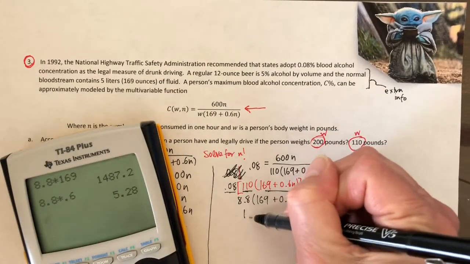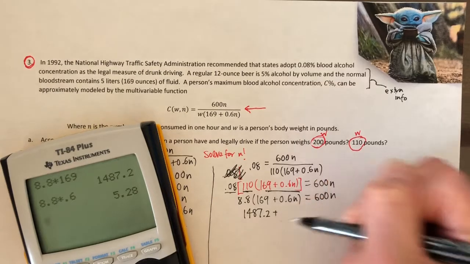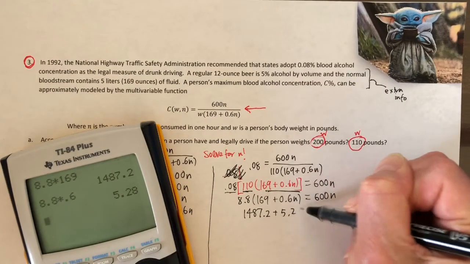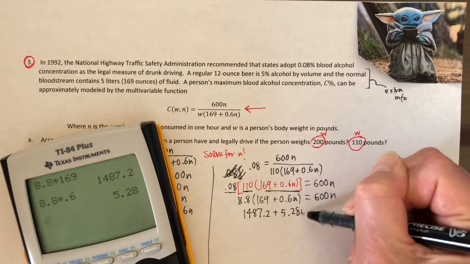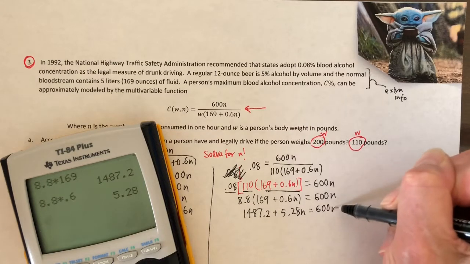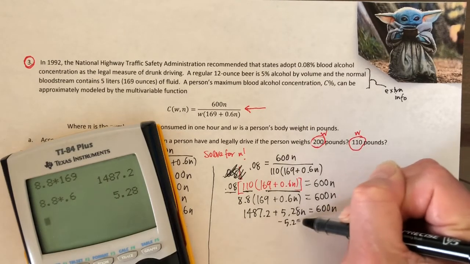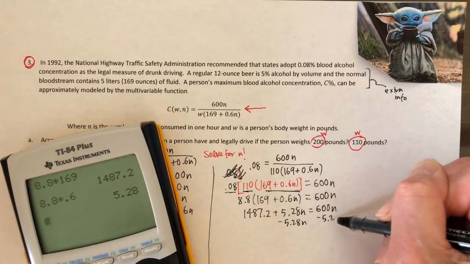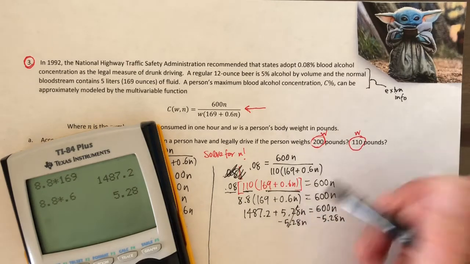So I get 1487.2 plus 5.28 N equals 600 N. Subtract this so that we can collect all the terms with N's in them.